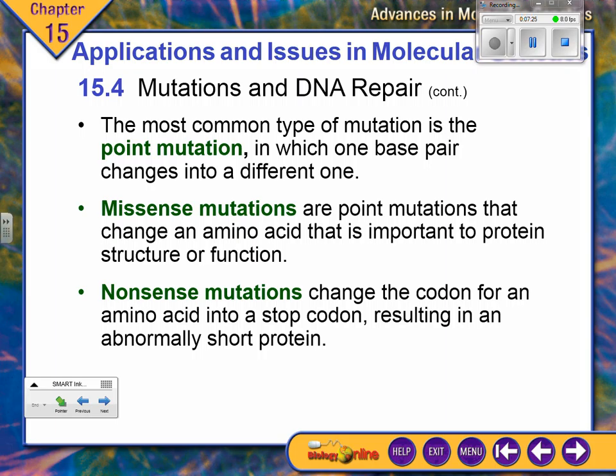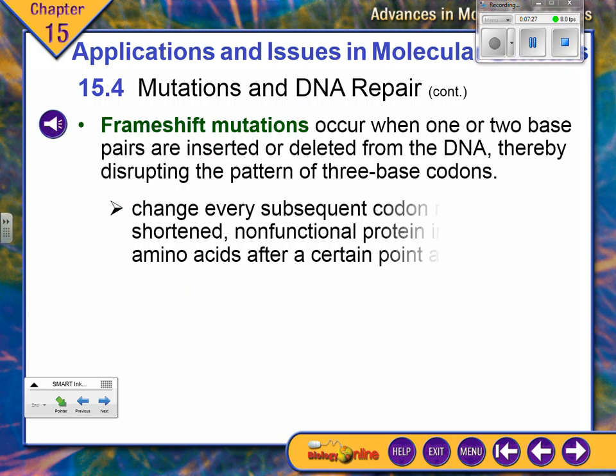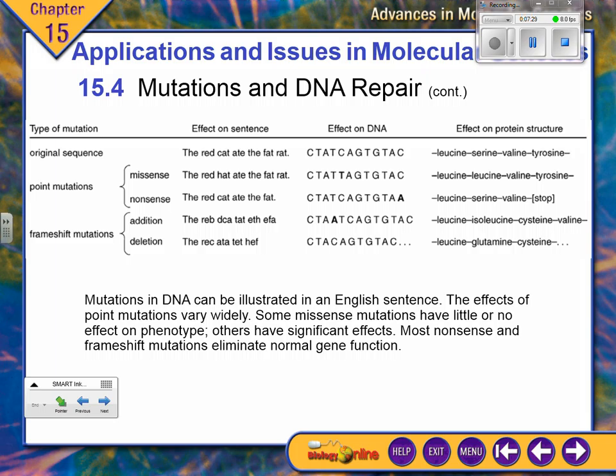Okay? Then frame shift mutations we've also talked about. That is where you had an insertion or a deletion, and it shifted everything over. I used the analogy of your guys' scantrons or bubble maps, if you got off one. Right, so check this out. The red cat ate the fat rat.